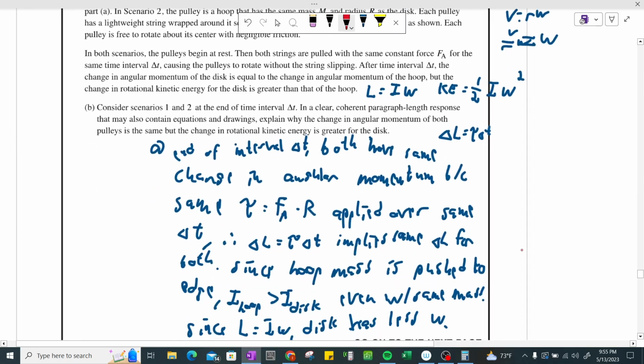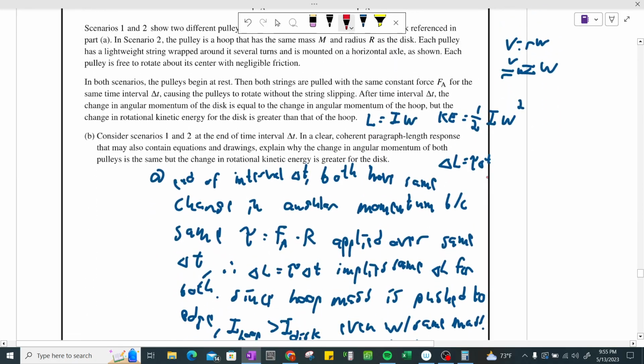For part B, we're going to need, let's see, 1 point for the same change in angular momentum.